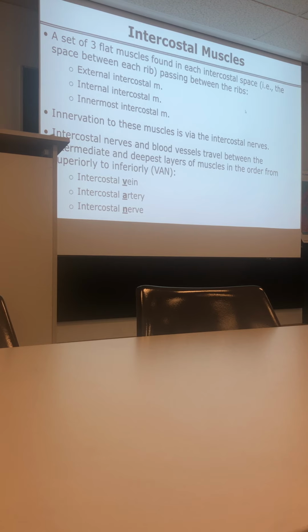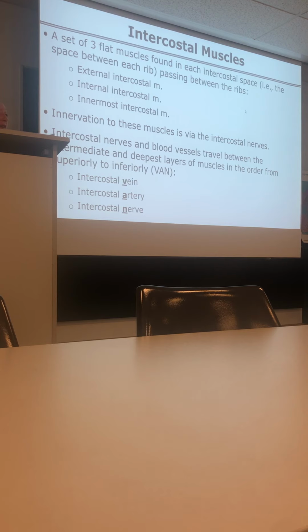The innervation is through the intercostal nerves, okay? And in between our internal and our innermost intercostal, we have our vein, artery, and nerve traveling through, okay? So our neurovascular plane is located between our internal and our innermost intercostals, okay?